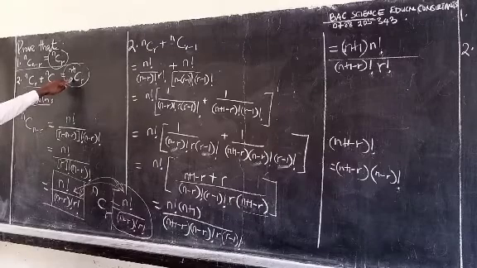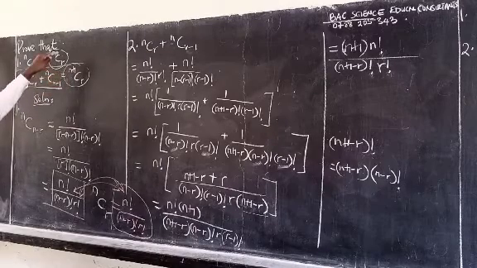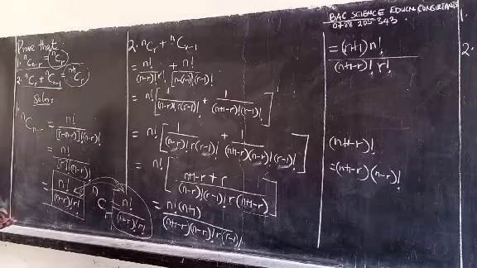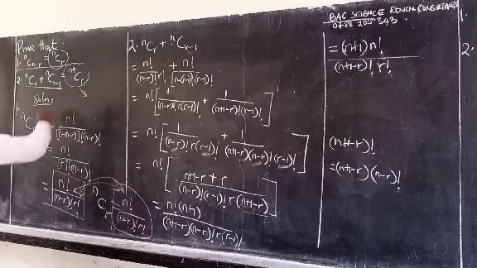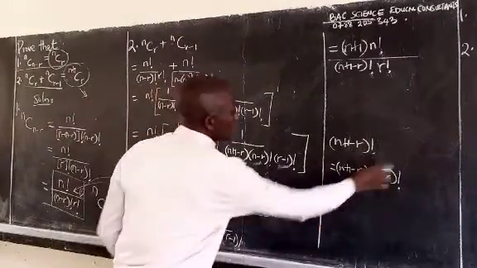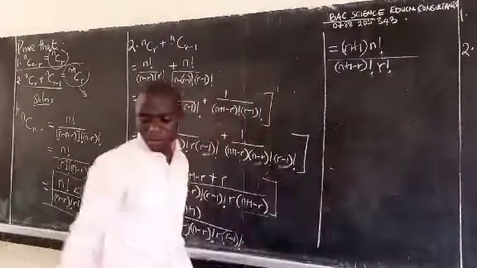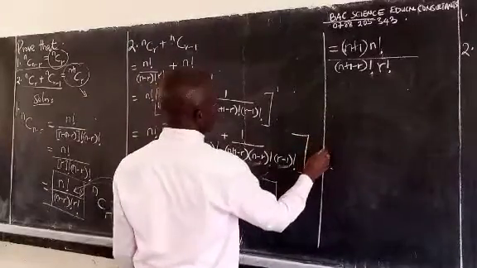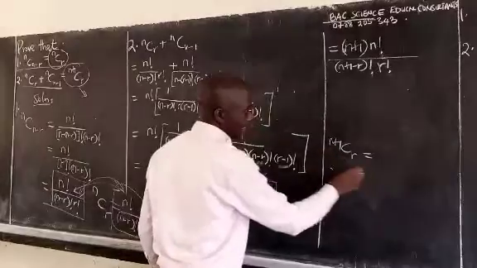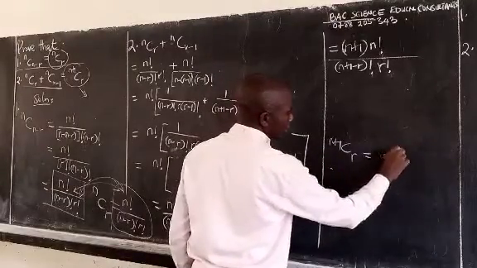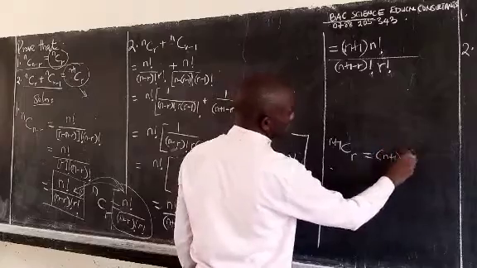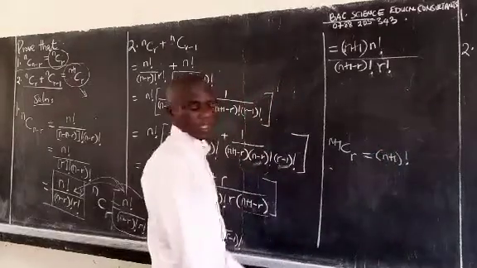So what is this? (n+1) combination r. By definition, (n+1) combination r is this, factorial, okay?